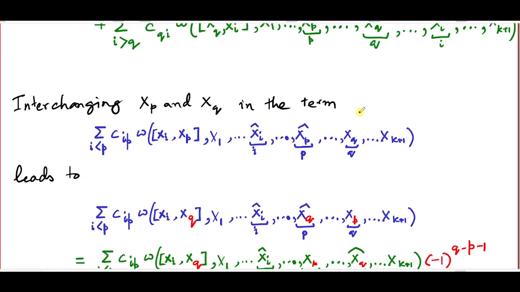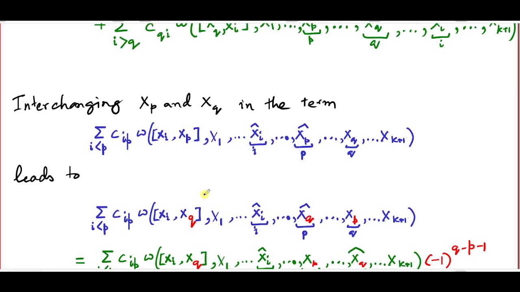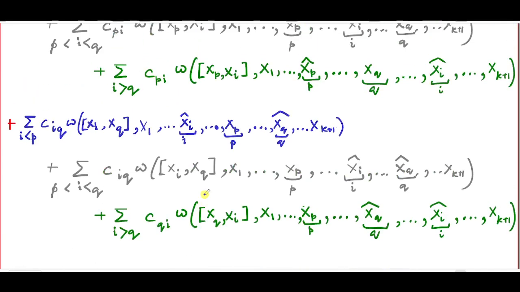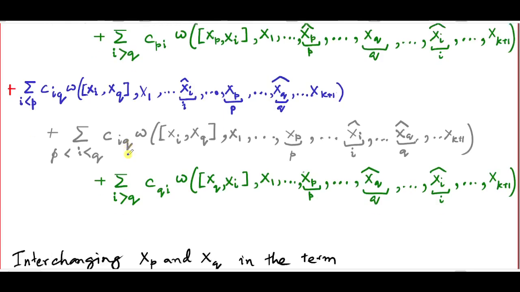Now, if you look at this term where you have xi, xq in the Lie bracket, you would want to compare this in the original essentially with this, where i is less than p, that checks out, and the Lie bracket is xi, xq.